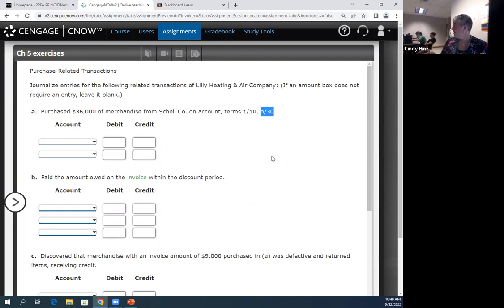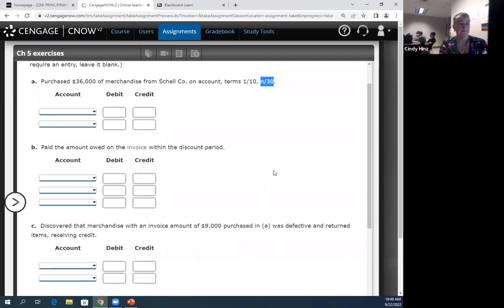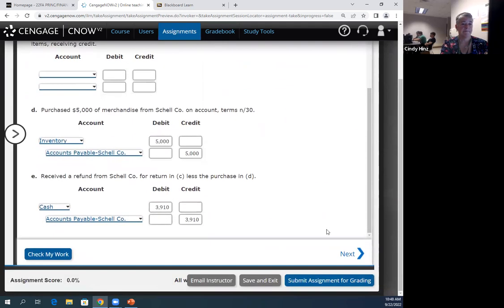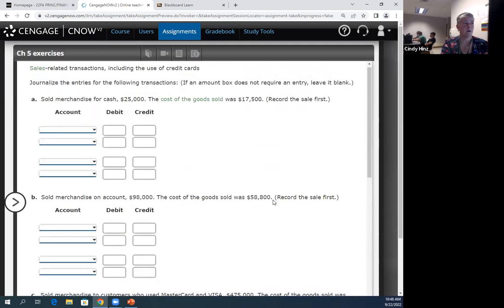The days involved are also negotiable. So some companies might negotiate for terms of net 60 or net 90. They want more time to pay. So all of that, the percent of the discount, the time frame of the discount, the time frame of the net amount, all of that could be negotiated. And let's keep going.